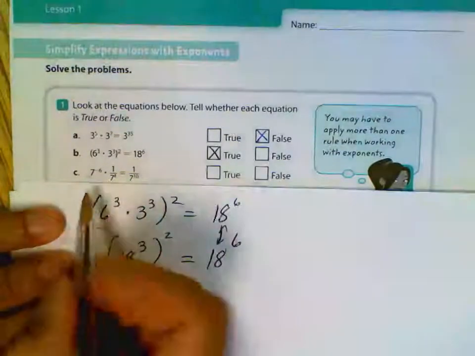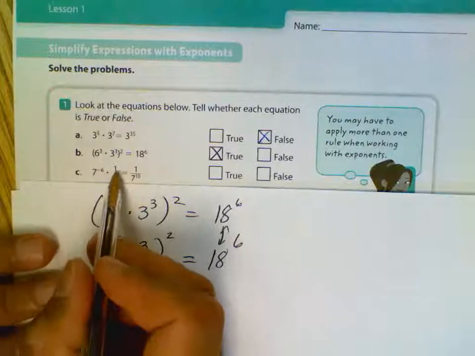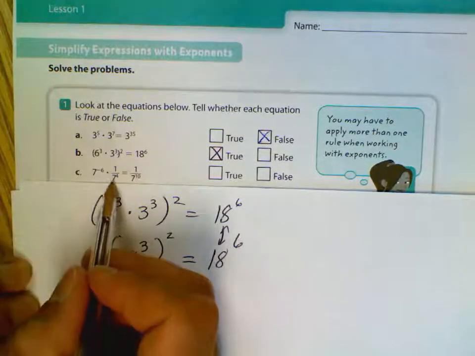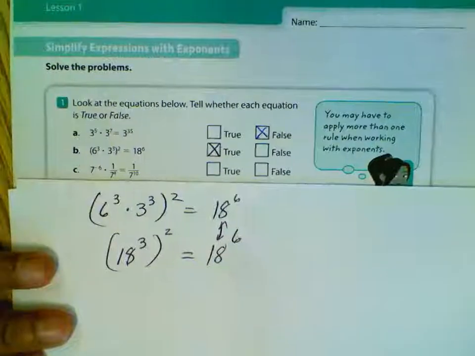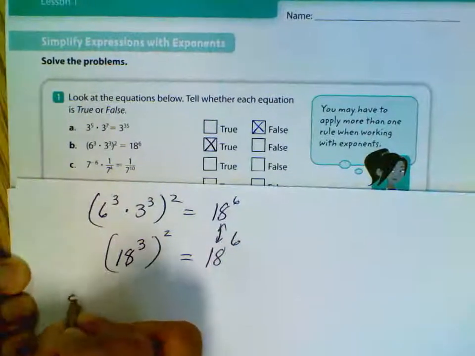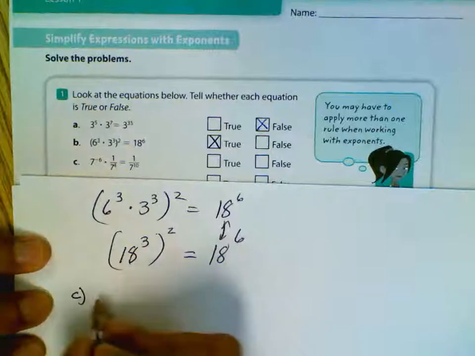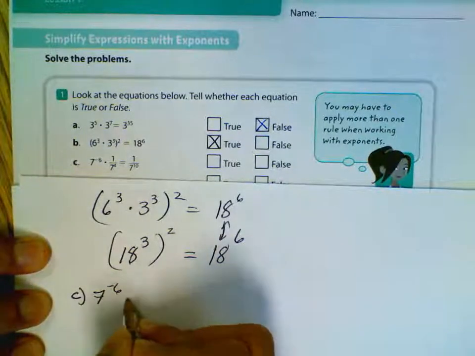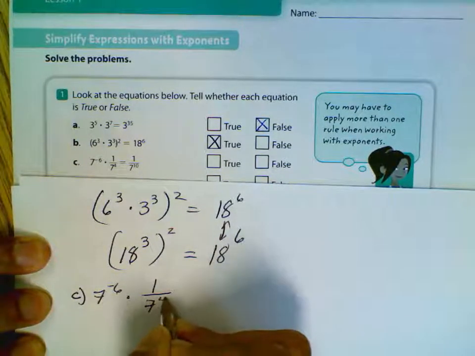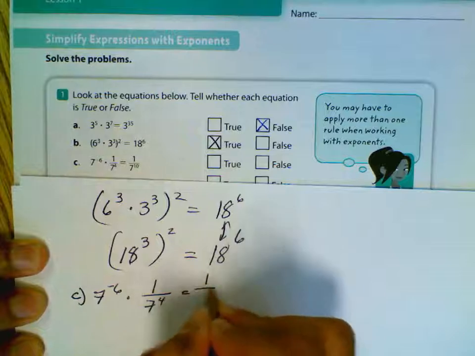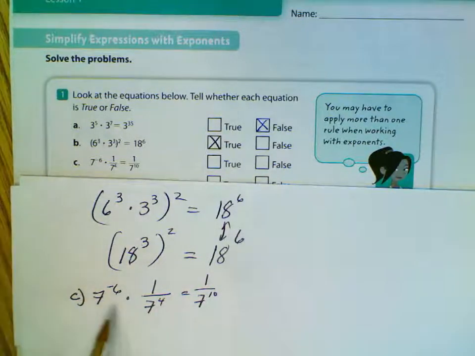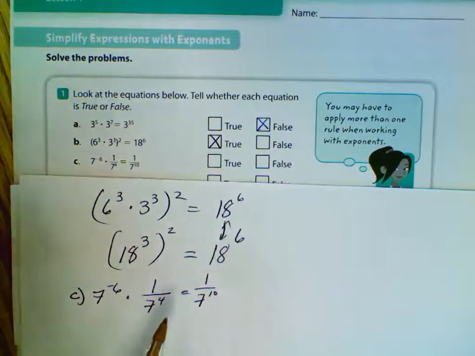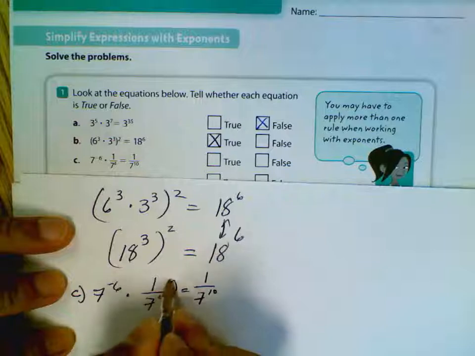So I have 7 to the negative 6 times 1 over 7 to the 4th power equals 1 over 7 to the 10th power. Let's check this one. I haven't made an example where I add the denominators, so what I'm going to do is extend that example. I'm moving this 7 to the 4th to the numerator.